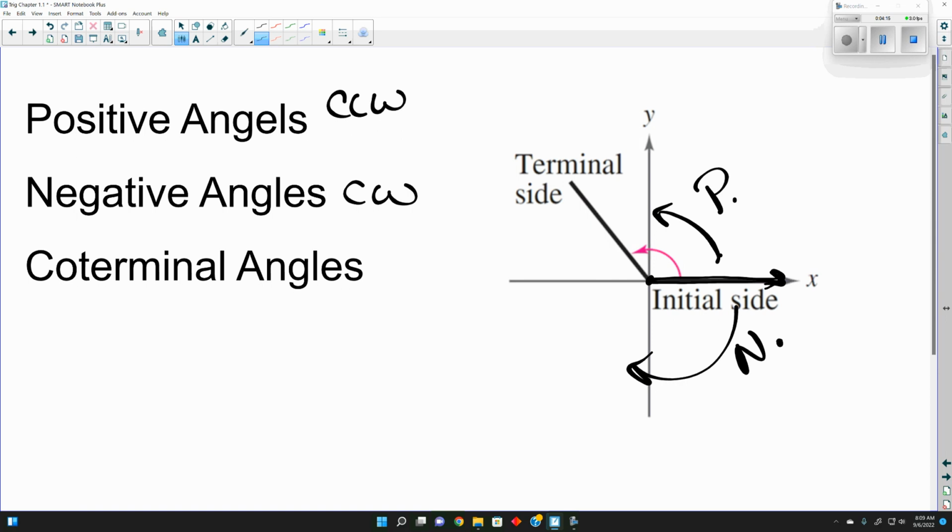It seems a very opposite way to go because positive doesn't seem like we would go counterclockwise, we would go clockwise because that's the way we're used to going. But the best that I can reason out is this is really a lot of what we use trigonometry and geometry for, angles and navigation. And if we think of it as looking out, especially with astronomy, we can consider the line of sight, if we're looking dead ahead, as the positive x-axis.